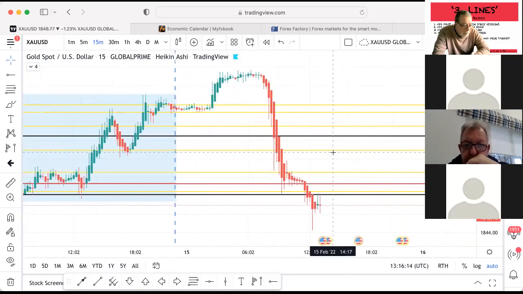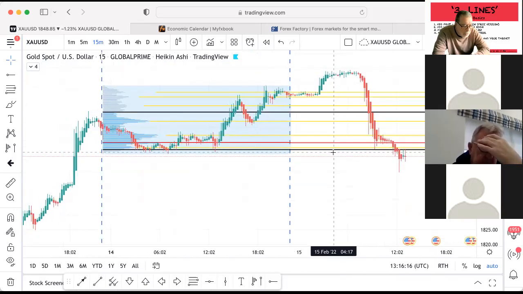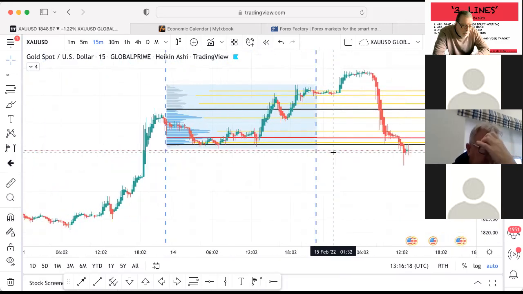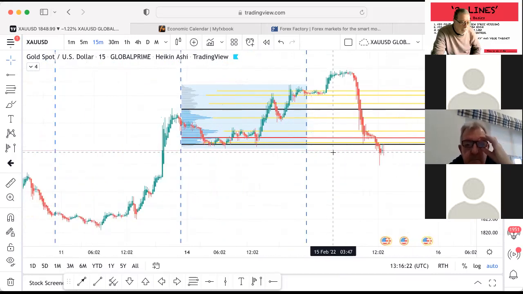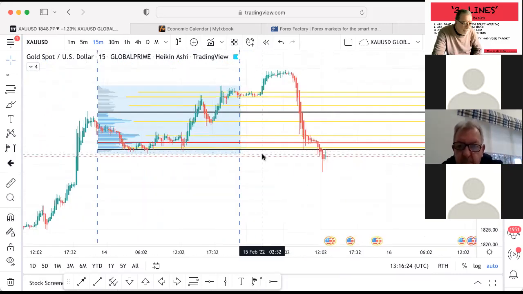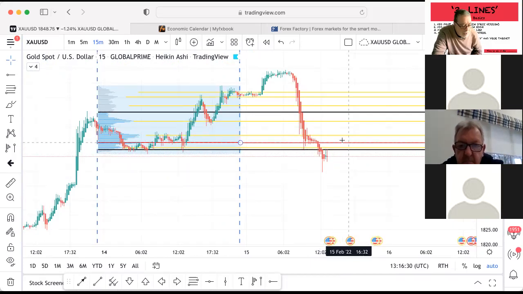It hasn't been doing it for the last week or so, and we're going to talk about that in a second. So I'm just running through the basics of the 3-line strategy. Value area high, value area low, POC, which is also our target.